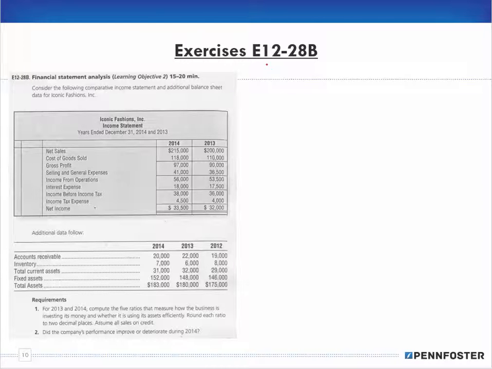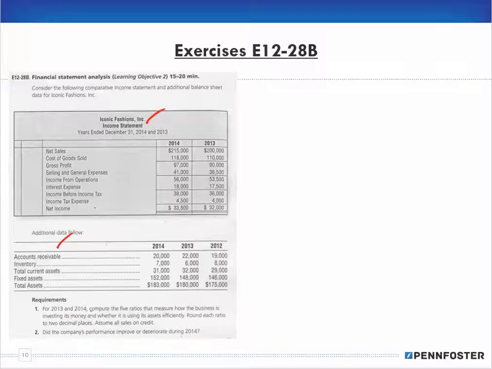All right, here, exercise 12-28, financial statement analysis. Consider the following comparative income statement, then additional balance sheet data for Iconic Fashions. So this is the income statement, and this is the additional data for the balance sheet.